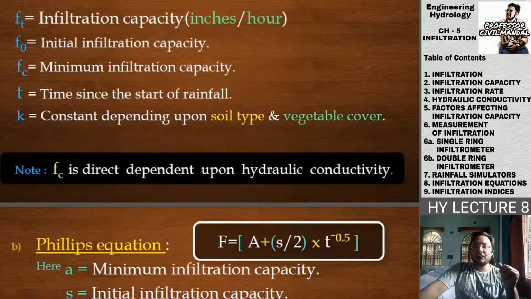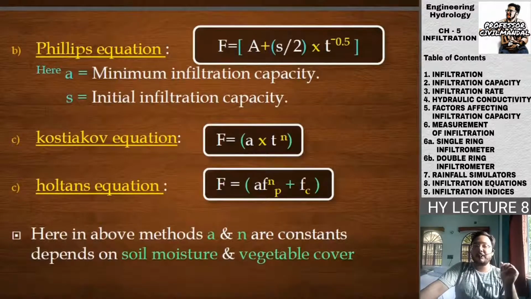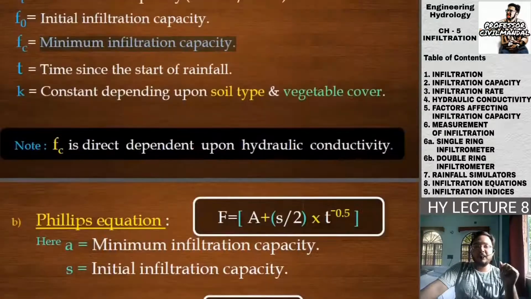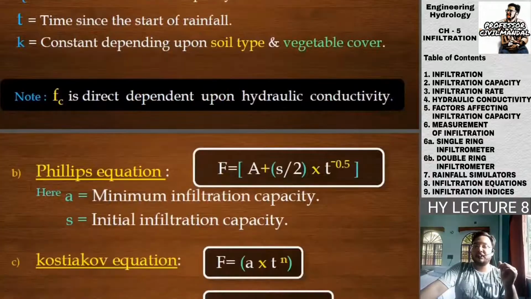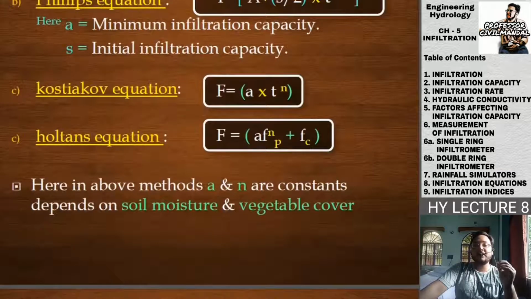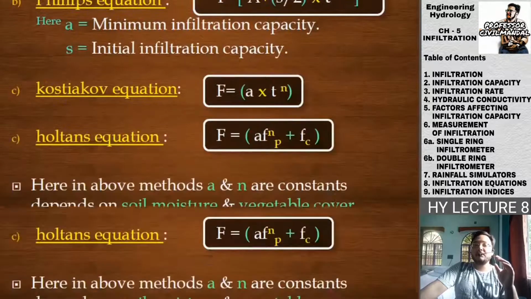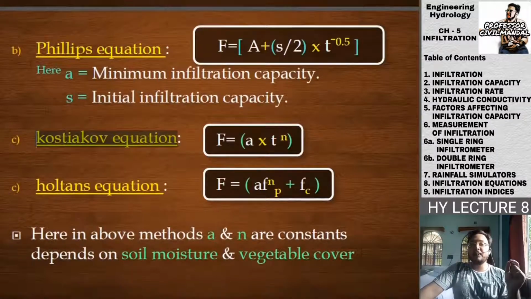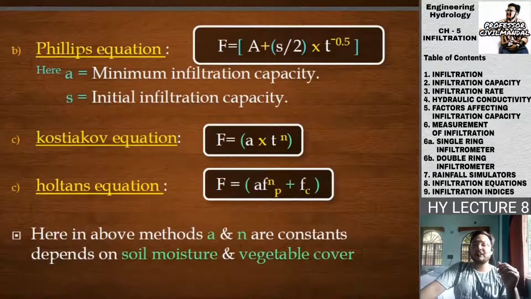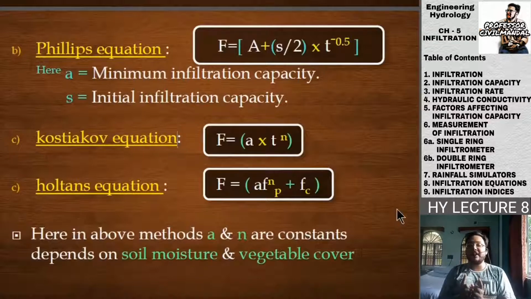And again, Fc is the minimum infiltration capacity. Holtan depends upon the minimum infiltration capacity, and Fp is our initial infiltration capacity. So Holtan depends upon the initial and the minimum infiltration capacity, but he also introduces the terms a and n that were developed by Kostiakov. So in other words, Holtan's equation is the most advanced form, because we have two different terms, a and n, for our soil moisture and vegetable cover.